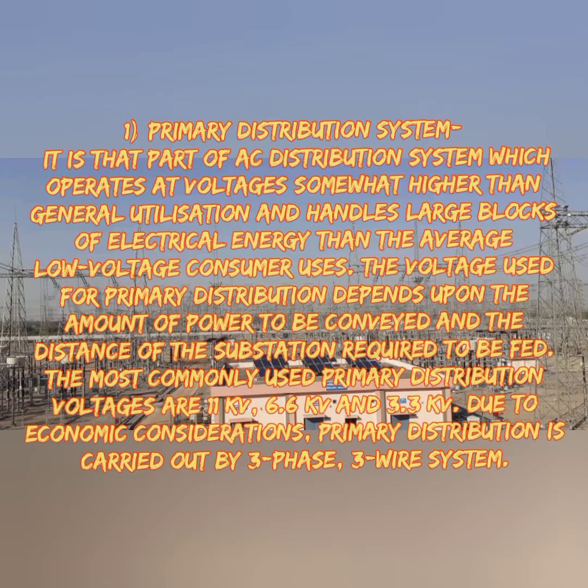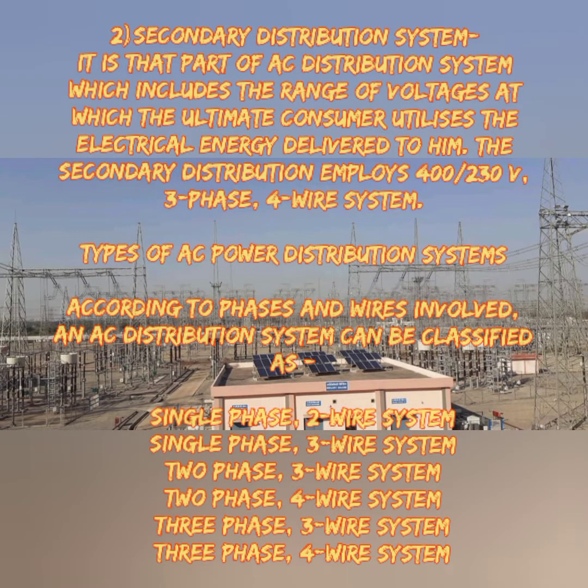Next, after reaching the substation, it is further moving to your consumers, which is done by lower level voltages, like 3.3 kV being further stepped down to a 415 volt nominal voltage, which is used in your household. The secondary is the part of AC distribution which includes the range of voltage as per the customers.